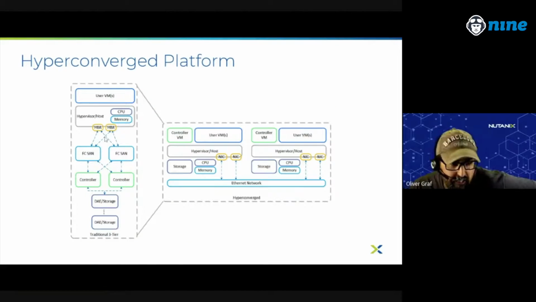So, hyperconverged platform. There are a few core structures that hyperconverged systems must fulfill. The first, it must converge and collapse the compute stack, so compute and storage should be in one box. The second, it must distribute data and services across nodes in the system.